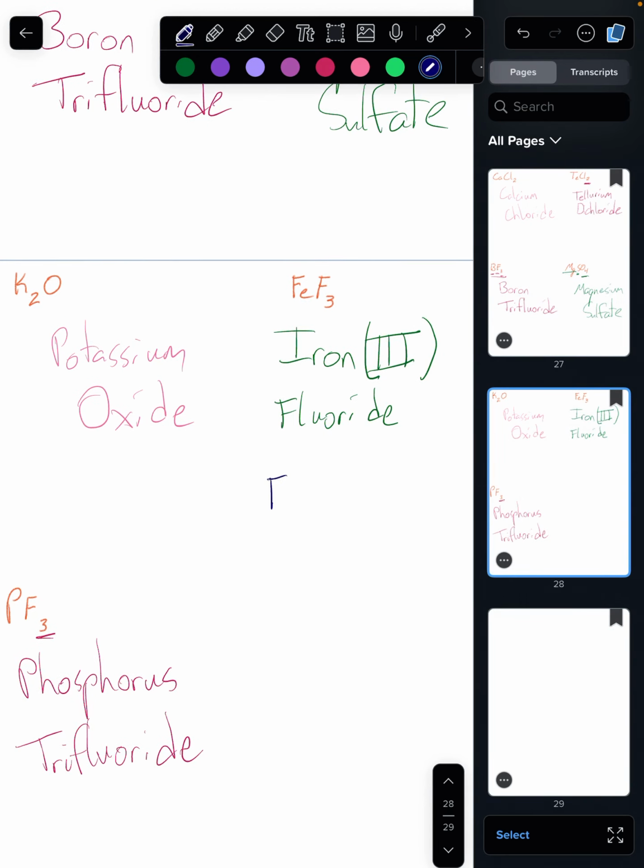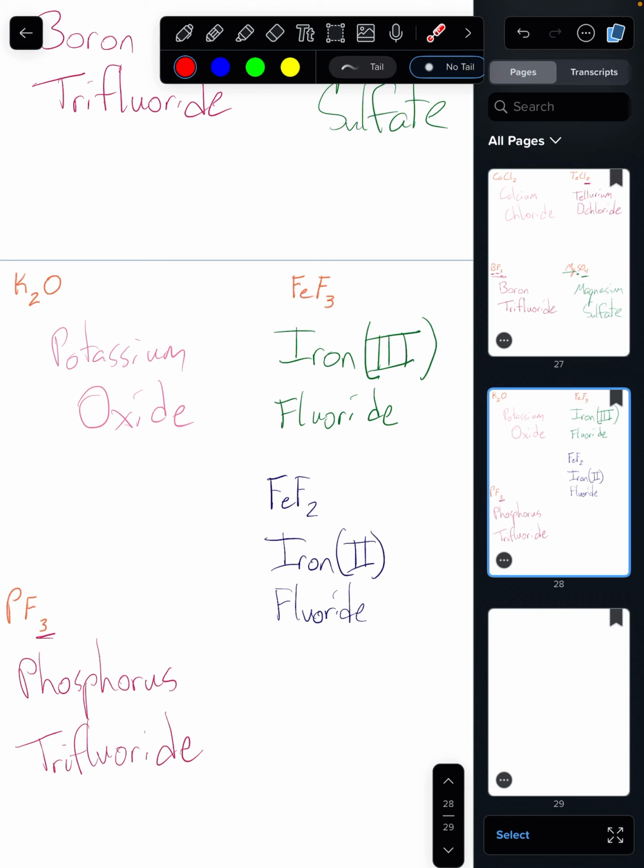Okay? Because in other ways, you would have something like that. Well, its name is exactly the same. Okay? I don't know if this is the right compound, but it's the easiest way to show you. So the name would be the exact same. Okay? The iron fluoride, iron fluoride. However, this one only has 2.